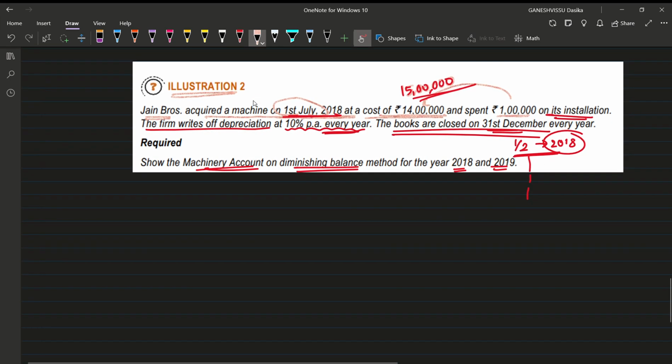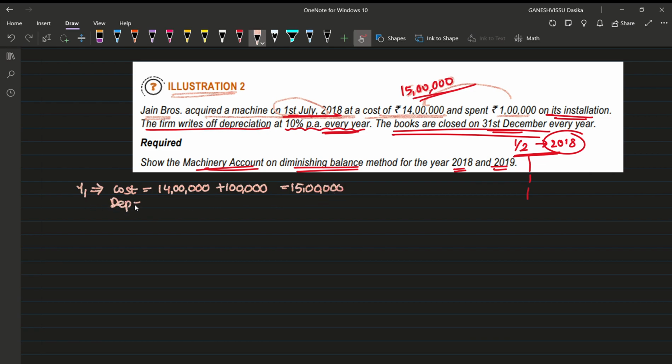Let us see for year 1 the amount of depreciation. The cost of the asset is 14 lakhs plus 1 lakh, which is 15 lakhs, and the depreciation up to 31st December 2018 is 15 lakhs into 10% into 6 divided by 12, which is 75,000 rupees.